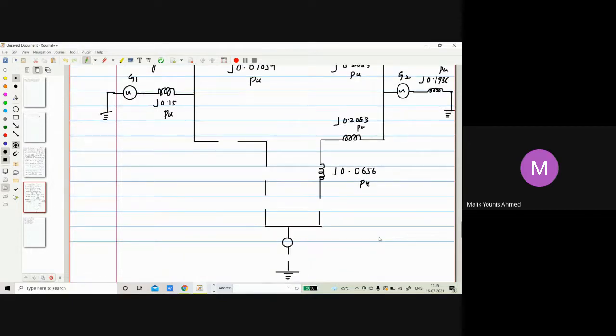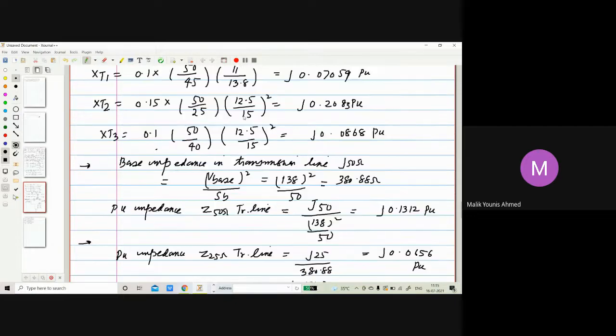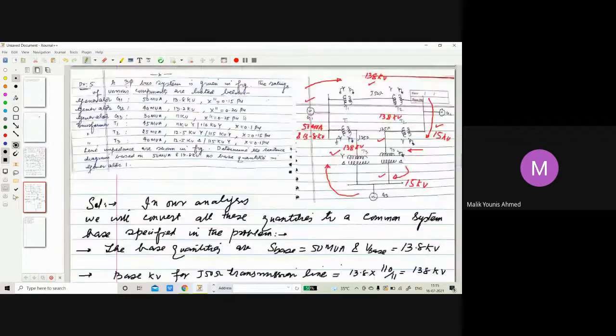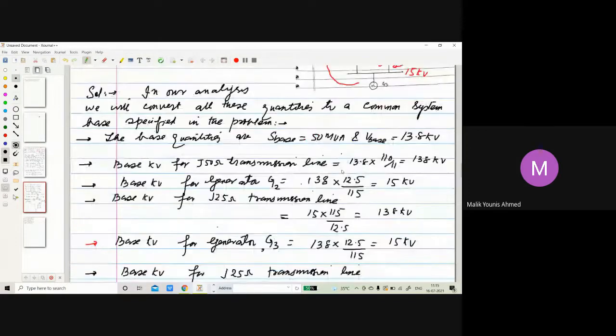Again, it will be transformer T3, that is J0.0808. Here it is T3, J25 transmission line, and transformer T1.